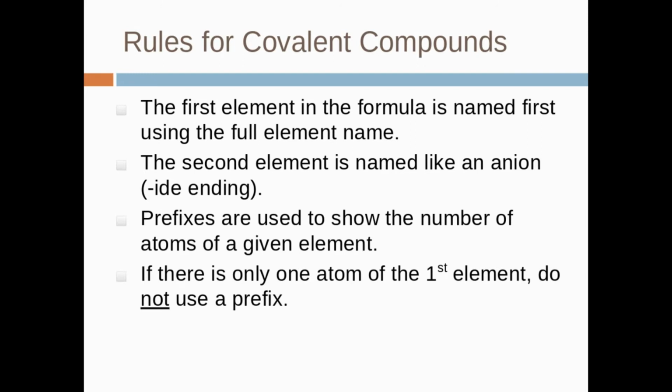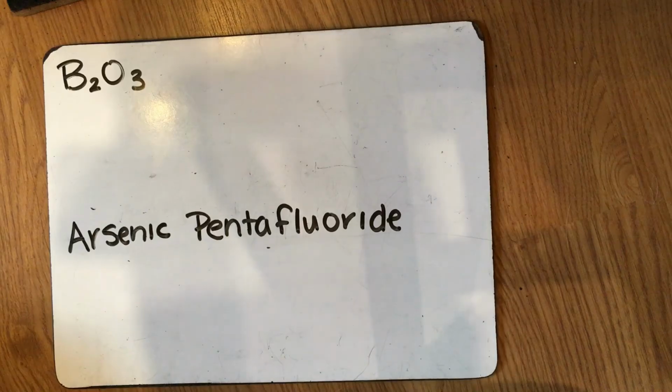The one quirk about this is that if there's only one atom for the first element in the compound, we do not use a prefix. So that prefix for having only one atom is mono, but that is never used for the first element, only for the second one.